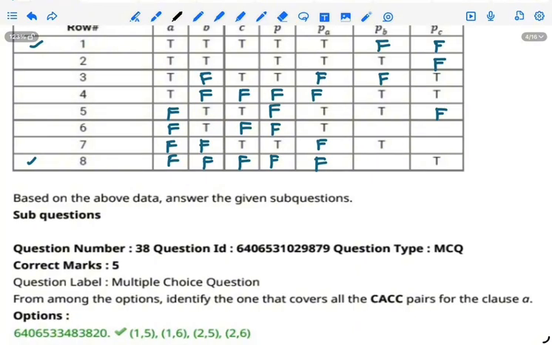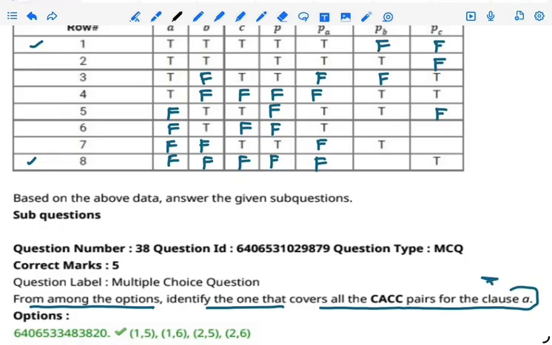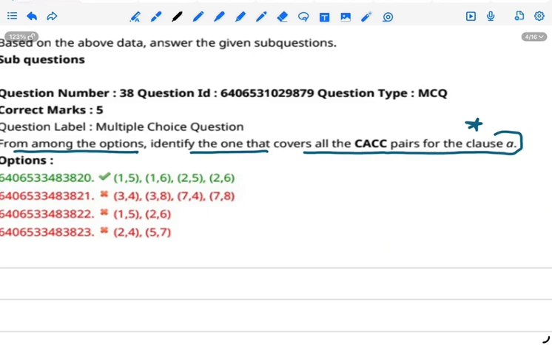From among the options, identify the one that covers all the CACC pairs of the clause A. This one is important for the clause A. They are asking to find the CACC pairs for clause A. CACC means correlated, active class coverage criteria.